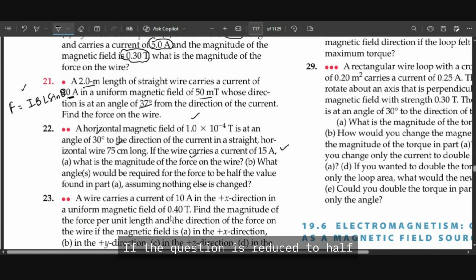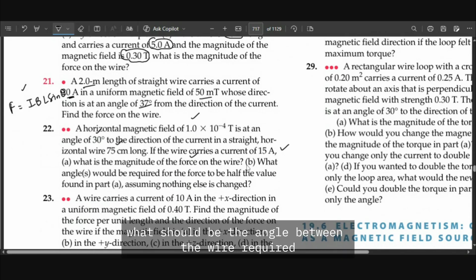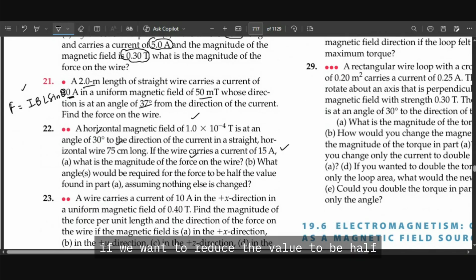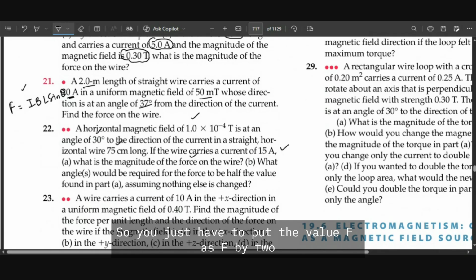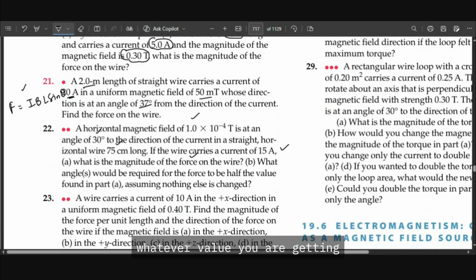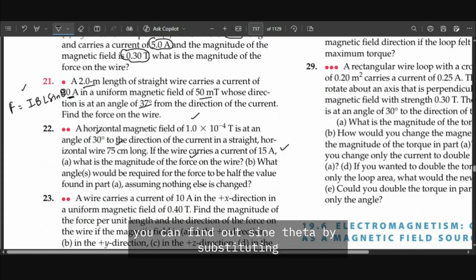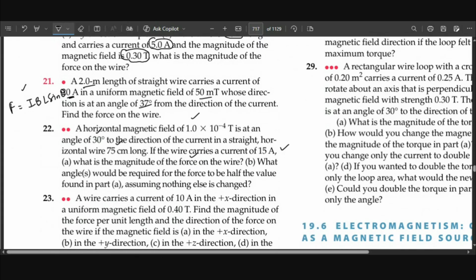If the force is to be reduced to half, what should be the angle between the wire and the field? You just have to put F as F by 2, keeping all the other things the same, and you can find sine theta by substituting the values.